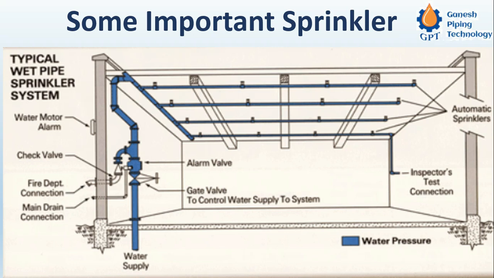Secondly, on some occasions, if the fire is at an early stage, it can also extinguish the entire fire. Also in some cases there is an alarm, and that alarm will alert the fire department and the security personnel, so they can take charge of the situation.